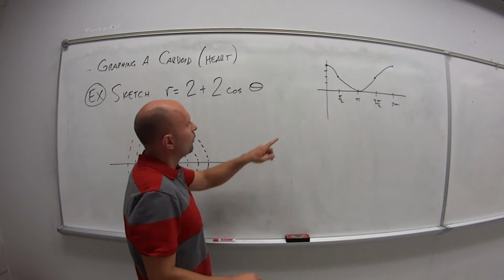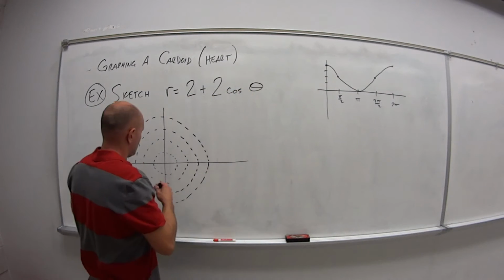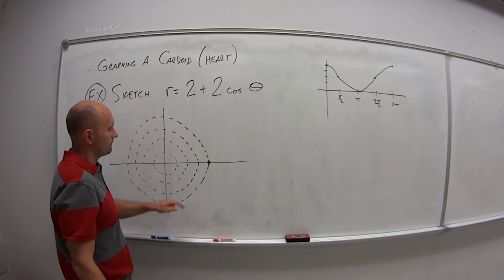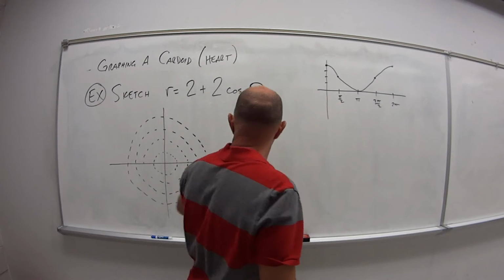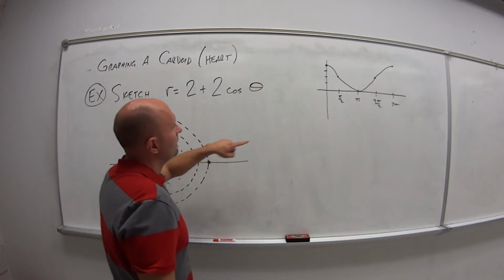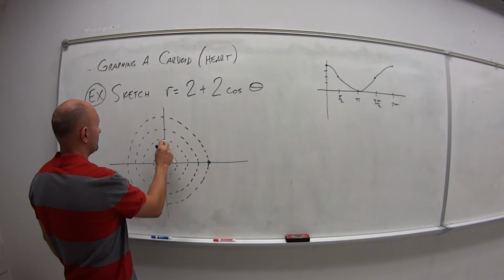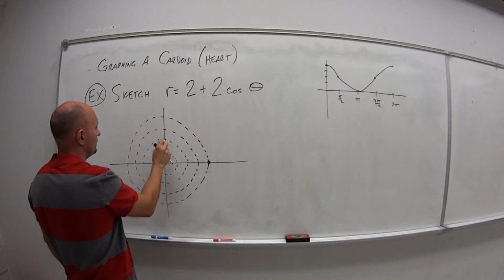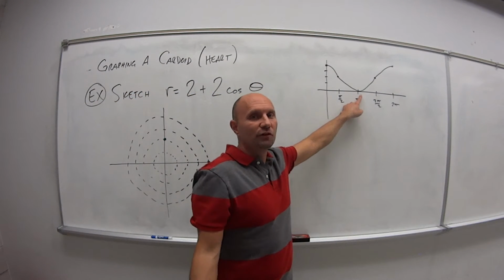So, when I'm at 0 radians, I should be 4 units away from the origin, which puts me out here. At pi over 2, which is my vertical piece, I should be 2 units away. So from the origin along pi over 2, 1, 2 units. At pi, I'm 0 units away.